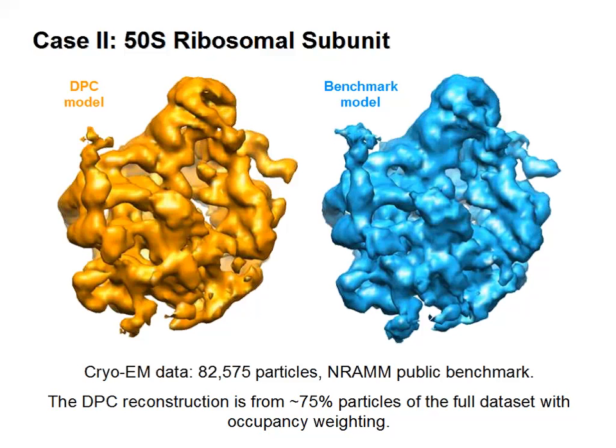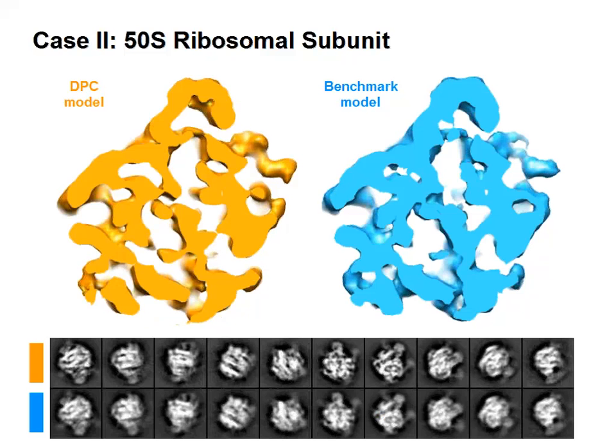So this reconstruction has already included the occupancy weighting. Here, just a central slice through the density volume. And at the bottom, it shows the projections from different views of the complete density maps. The top is from the DPC reconstruction. The bottom is from the benchmark model.